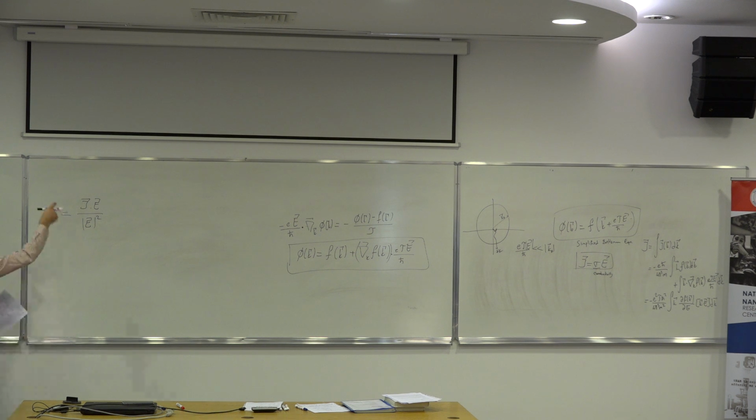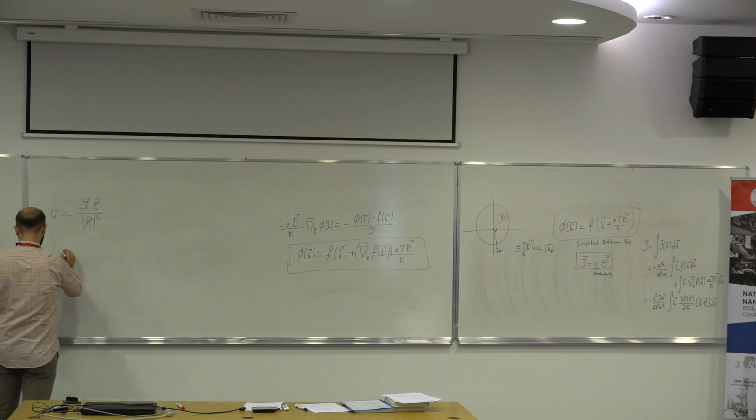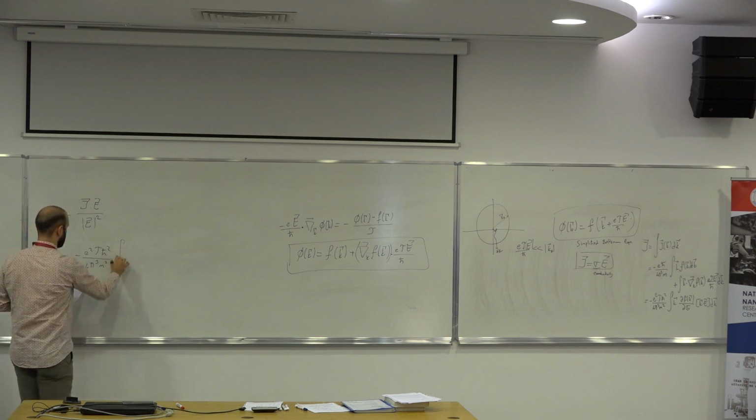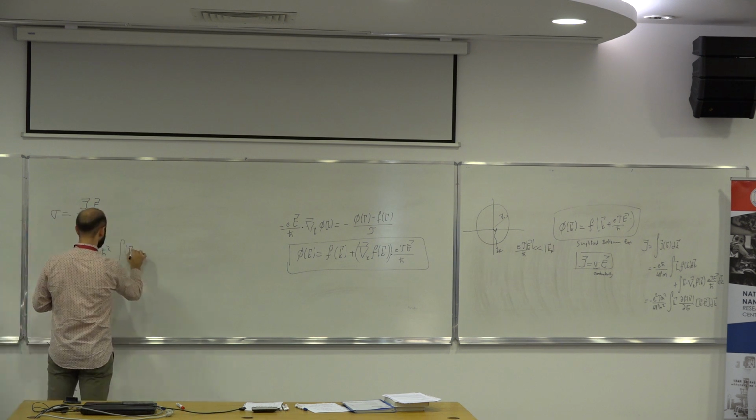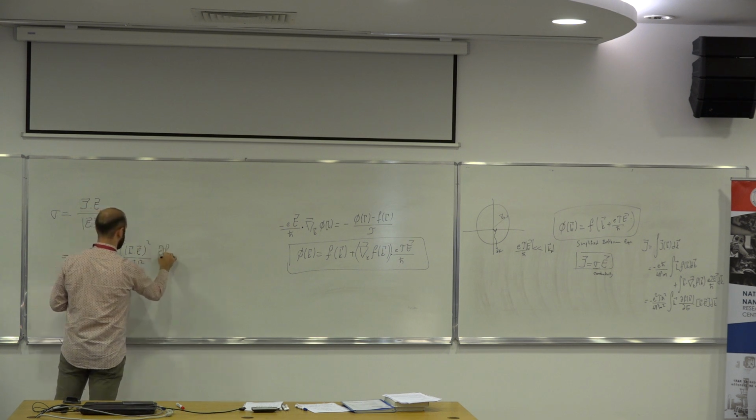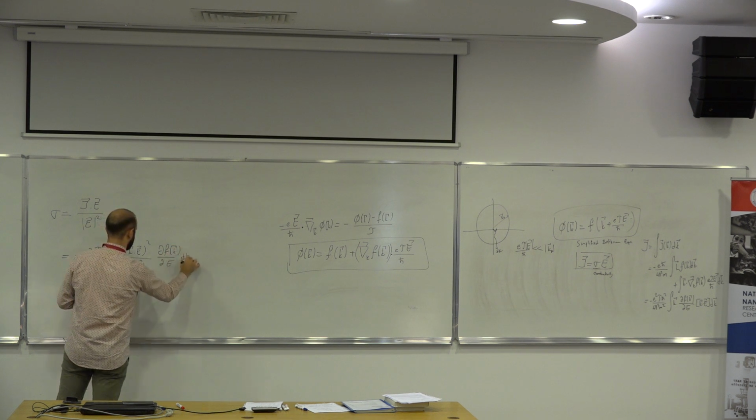And if I put that integral expression in here, that's what I'm going to end up with: E squared tau h bar squared over 4 pi cubed m squared, integral of k dot E squared over E squared, df_k over dE, dk.